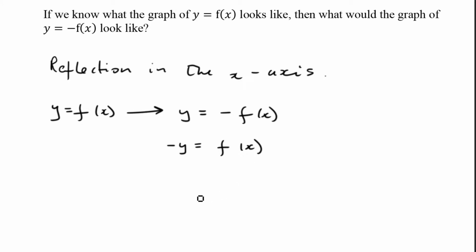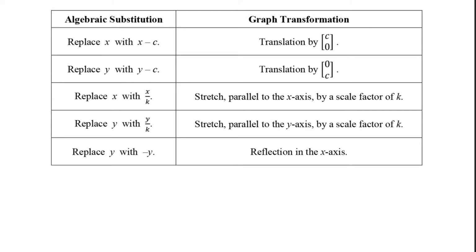Now it is easier to see what the actual change that has taken place is. We have replaced the y in the original equation by a negative y. More formally, we have the first of our reflection rules to go with our translation and stretch rules. If we replace y with negative y, then the transformation that goes with that is a reflection in the x-axis.